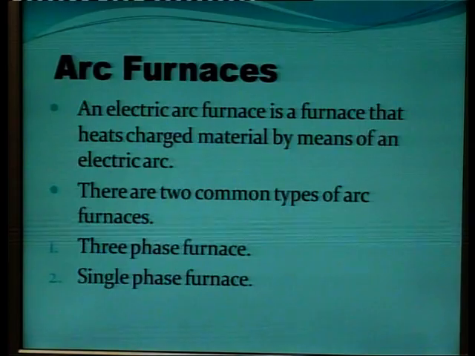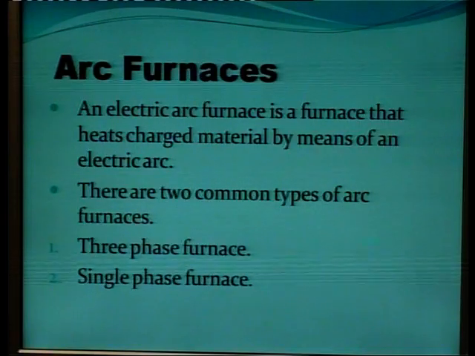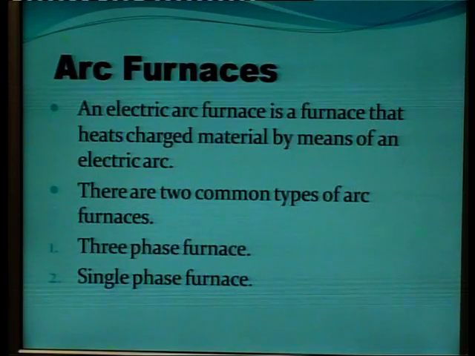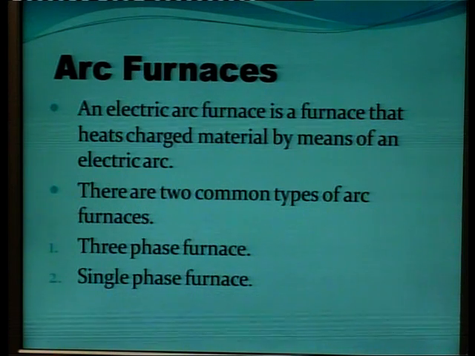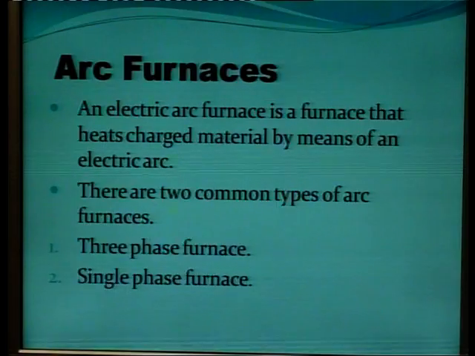The next, second category of power frequency heating, is the arc furnace. Now, an electric arc furnace is a furnace that heats charged material by means of an electric arc. Now, there are two common types of arc furnace. First is the three-phase furnace and second is the single-phase furnace.